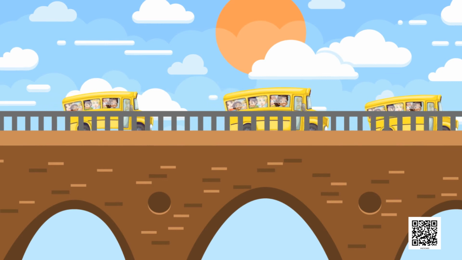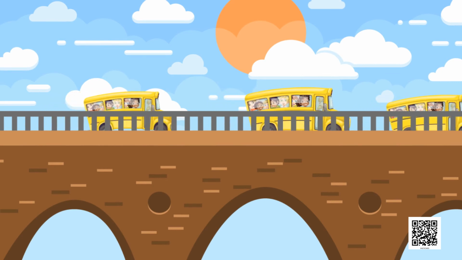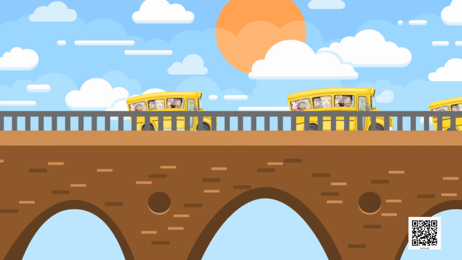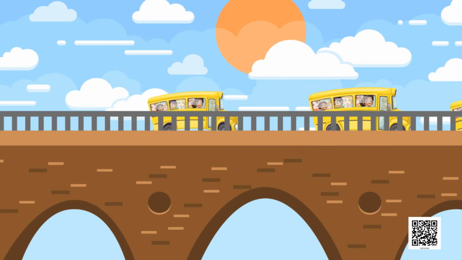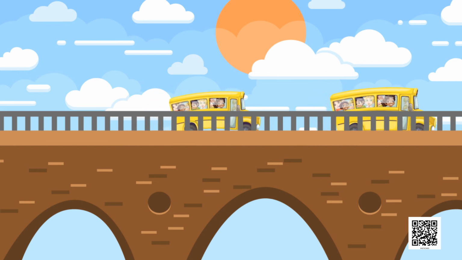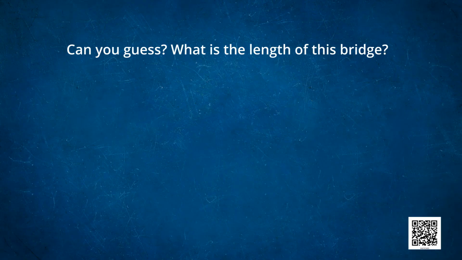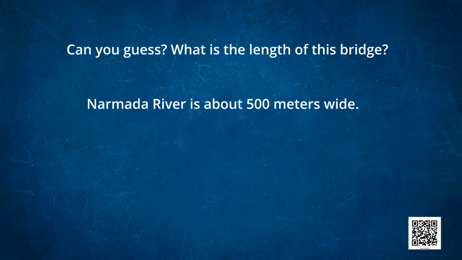Then Asha ma'am told them, "See, here it is written. This bridge is 756.82 meter long. So we can guess that Narmada river is about 500 meters wide."